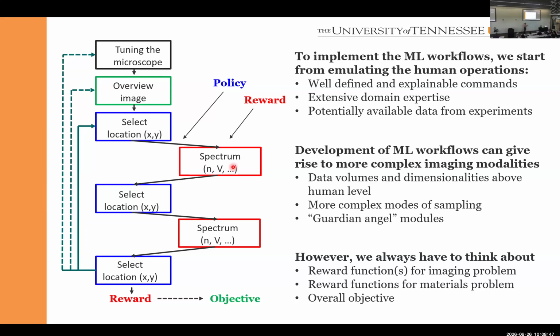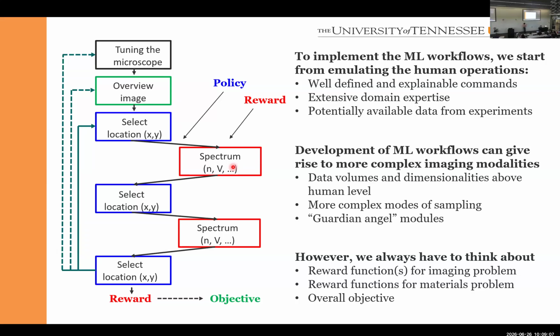If my sample is beam stable, the results of the EELS measurement here will depend only on what's in this region, not on the results of the EELS measurements here and here. This is an example of myopic decision making.